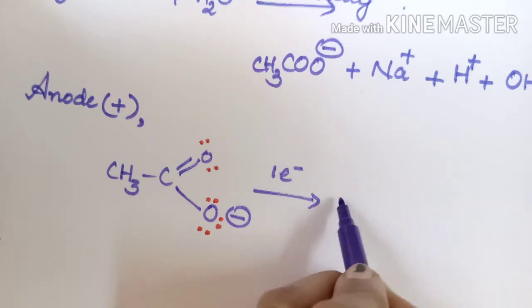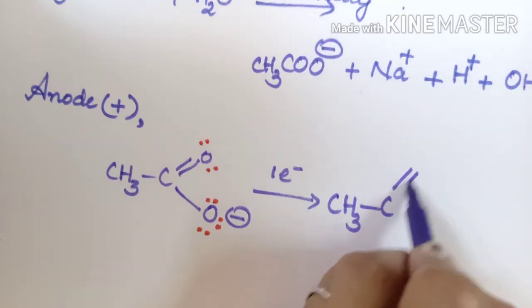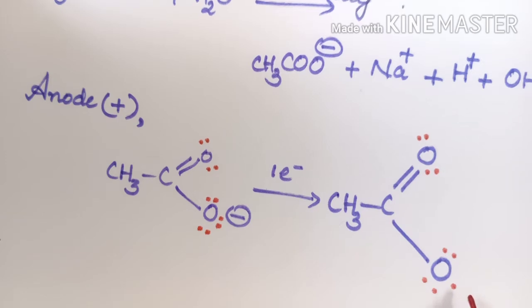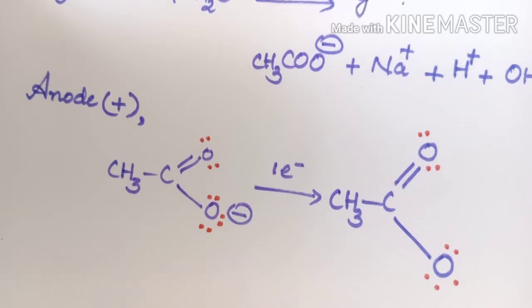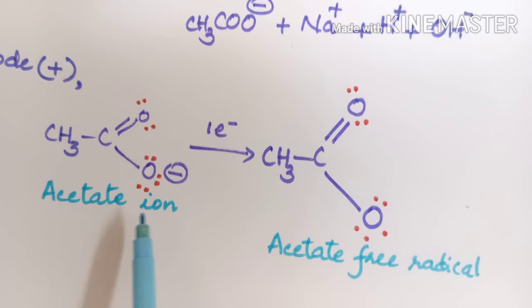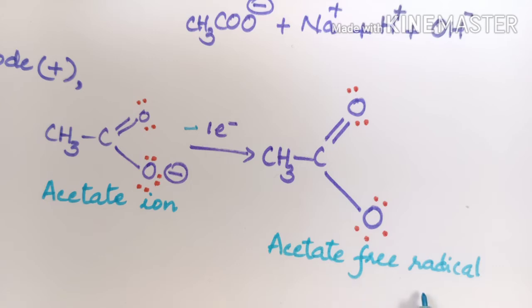So the acetate free radical is formed: CH3, C double bond O, single bond O with an odd electron. When one electron is lost, the number of electrons here is 1, 2, 3, 4, 5, 6, so an odd electron is present, and this is the acetate free radical. That is, the acetate ion loses one electron and produces the acetate free radical.